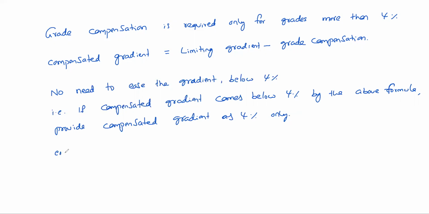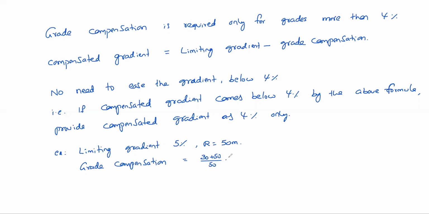Example. Suppose the limiting gradient is 5% and R equals 50 meters radius. Then grade compensation, how much? Grade compensation equals the minimum of (30 plus 50) by 50, and 75 by 50.